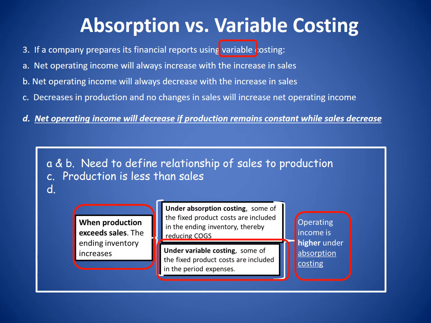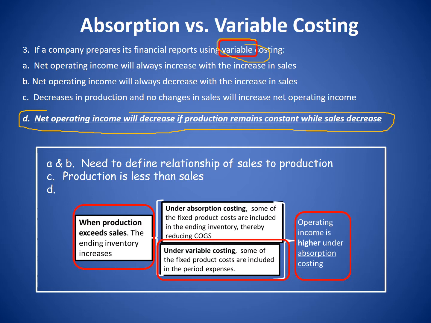Okay, the answer here is D, net income will decrease if production remains constant while sales increase.